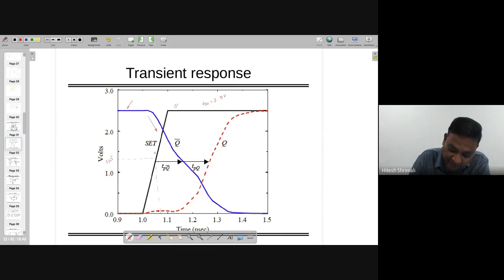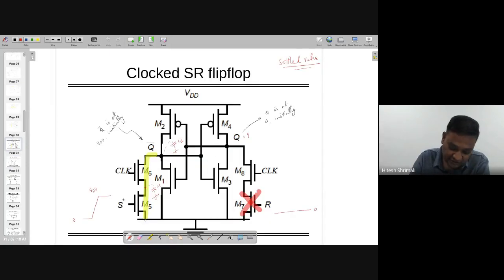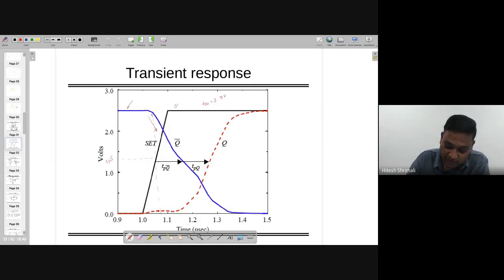So the time when it reaches 1.25, it will make the transistor go in on mode such that it can transfer the logic. So this Q bar is going down, or you can say that a little bit even before 1.25, it starts conducting and Q bar is going towards zero.